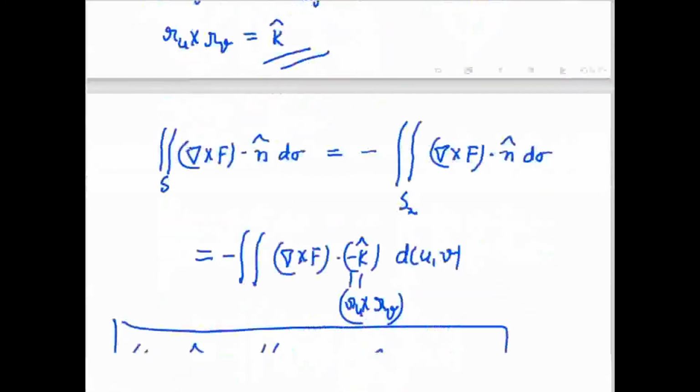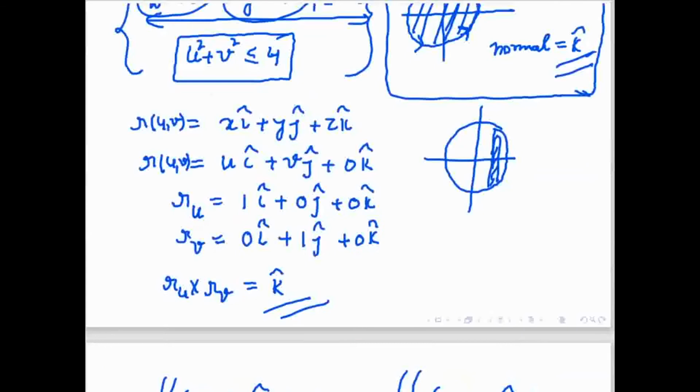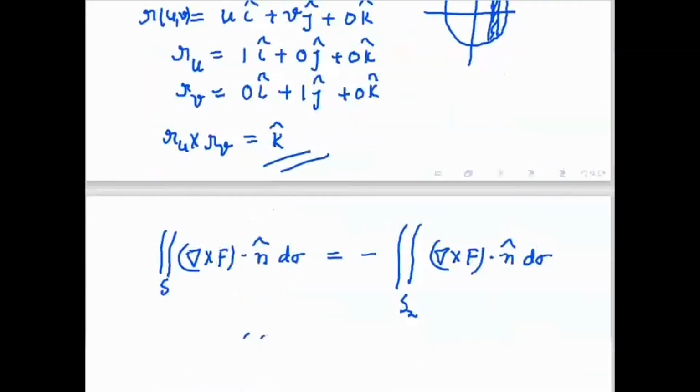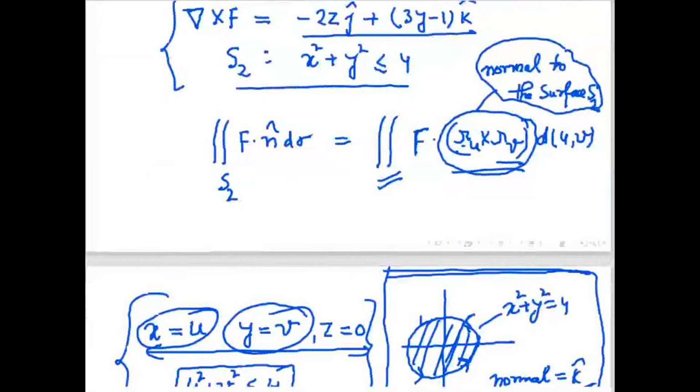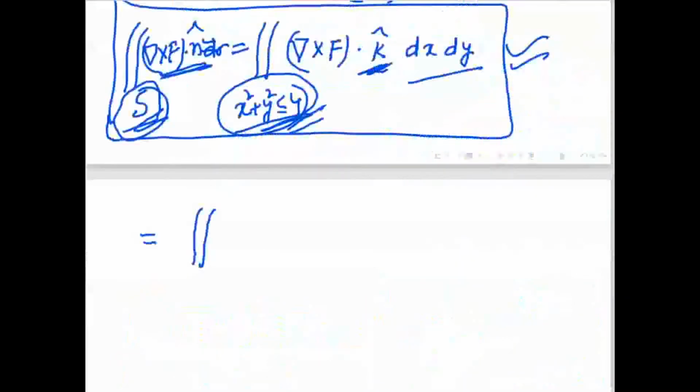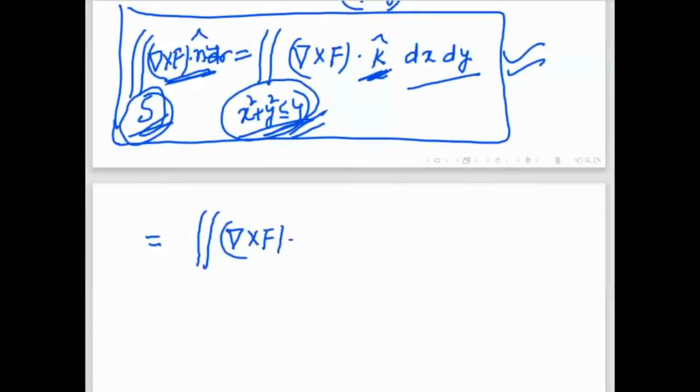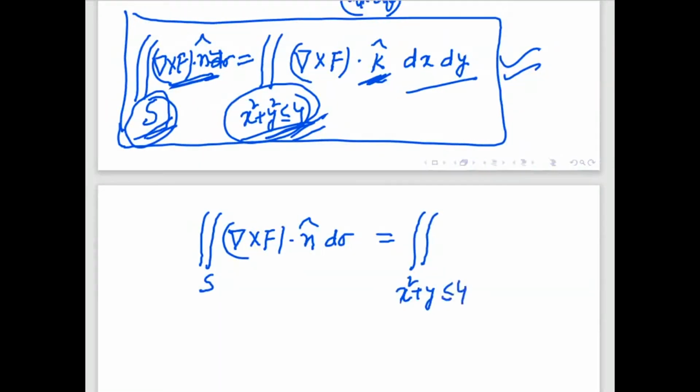Del cross f is this one. Dot product with this k cap. So del cross f dot n cap d sigma over the surface S, that is the cone, is the same as the double integral over this of del cross f dot k cap dx dy. So based on that I will apply the limit.